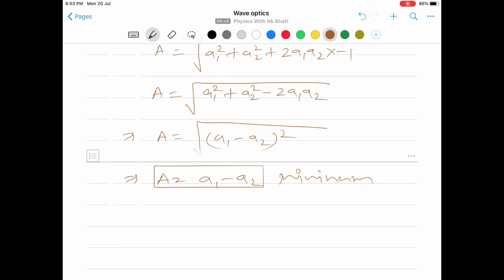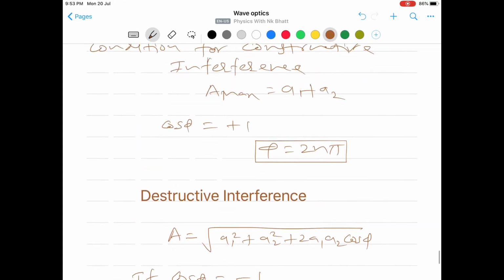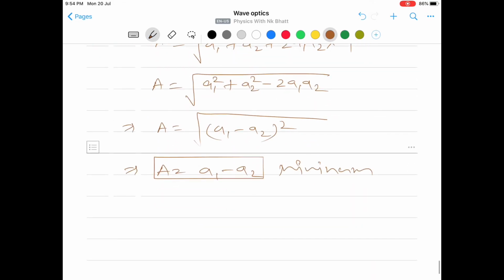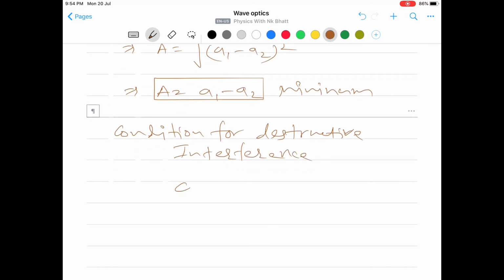and at these places destructive interference will occur. So condition for destructive interference is cos phi is equal to -1 and phi is equal to 2n plus 1 into pi.